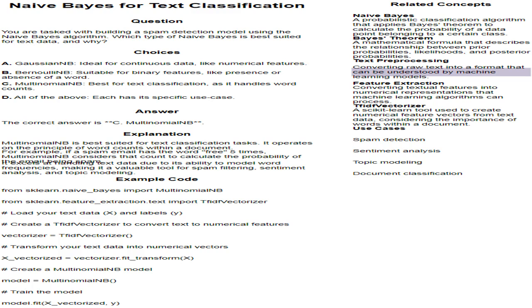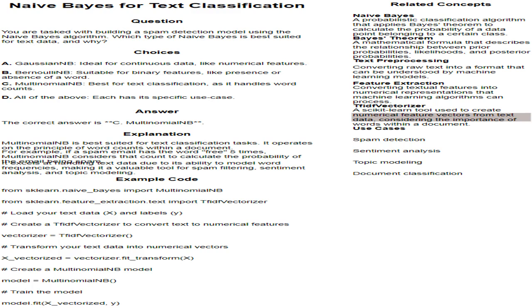Text preprocessing: converting raw text into a format that can be understood by machine learning models. Feature extraction: converting textual features into numerical representations that machine learning algorithms can process.